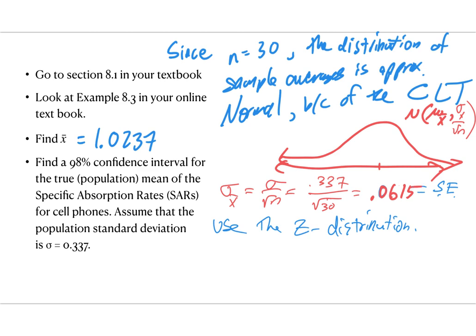All right, so that's my standard error. And because the sampling distribution is normal and I know sigma, that's how come I can use the Z distribution. Those are the two biggies about whether this is a Z distribution scenario. Sampling distribution was normal, central limit theorem. Second thing, sigma is known. When sigma is known, I get to use Z. So my formula will be x bar plus or minus Z times the standard error.